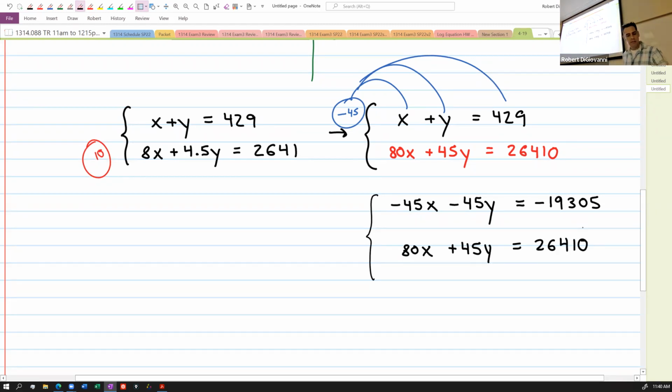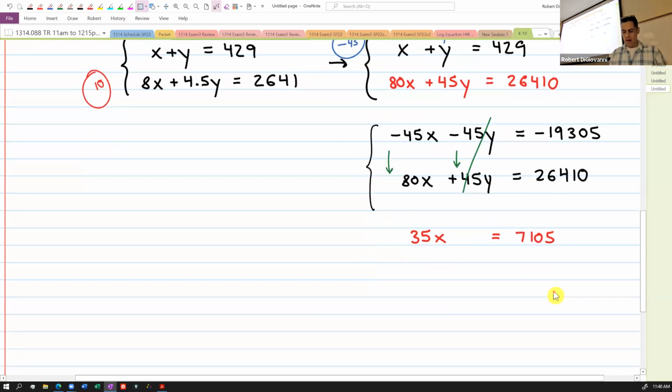Add down. Those go away. We should just get 35X, because you take negative 45X and you add 80X, you get 35X. And then what's the other side become when you take the 26,410 and take away the 19,305? 7,105.